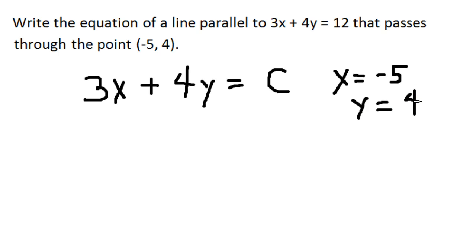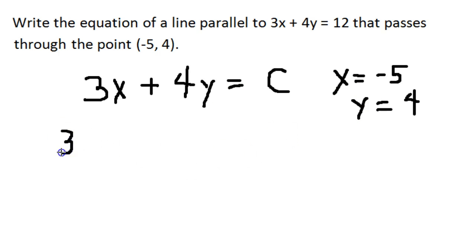Since we know the standard form of the equation is 3x + 4y = C, all we have to do is replace x by -5 and y by 4 and determine what C will be.